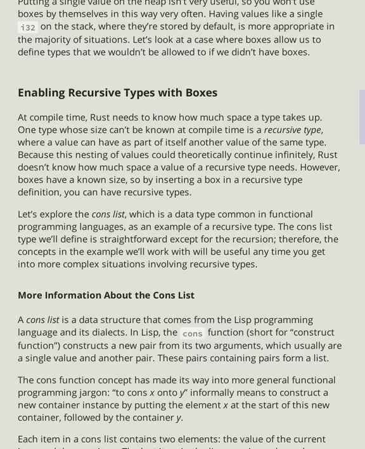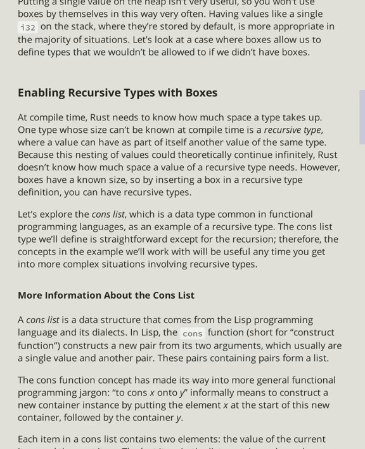Because this nesting of values could theoretically continue infinitely, Rust doesn't know how much space a value of a recursive type needs. But boxes have a known size, so by inserting a box in a recursive type definition, you can have recursive types. Let's explore the cons list, which is a data type common in functional programming languages, as an example of a recursive type.